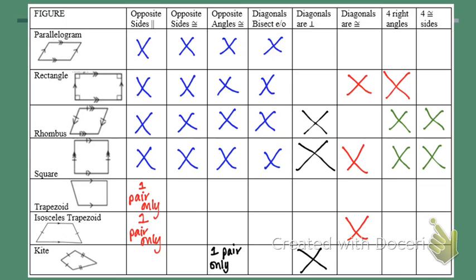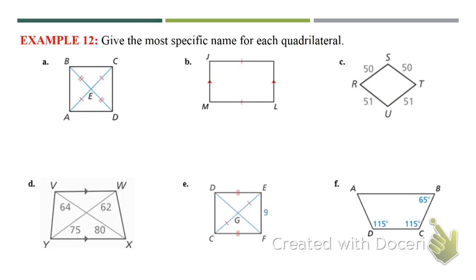It's not a rhombus, so let's erase that because that is not a rhombus. And it's a square. And then four congruent sides, we know that's a rhombus and a square.